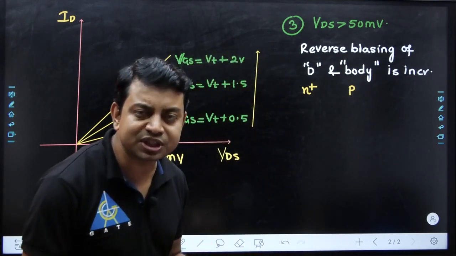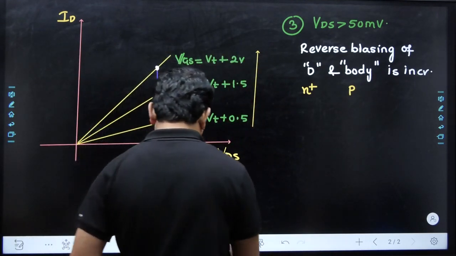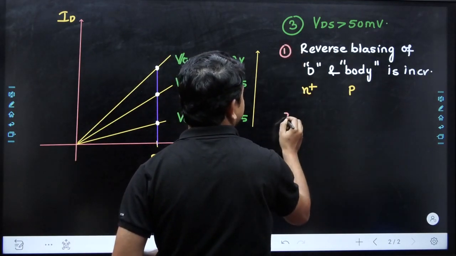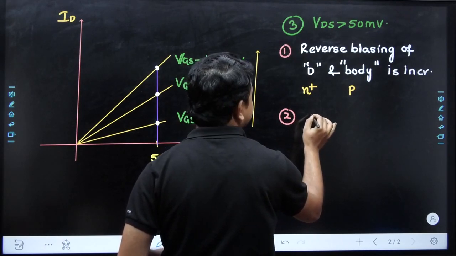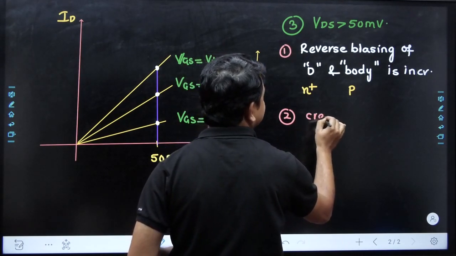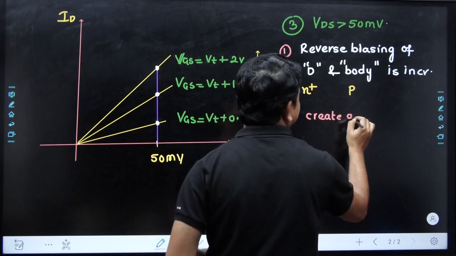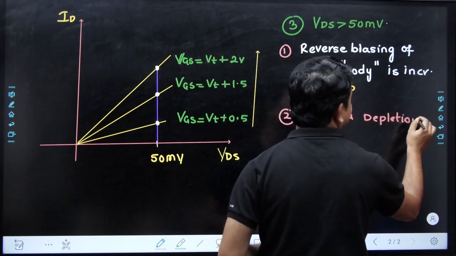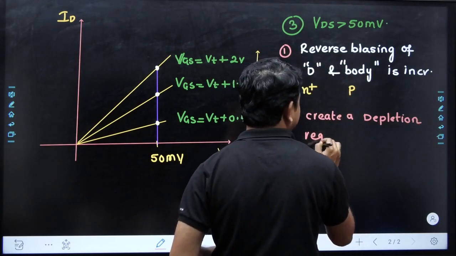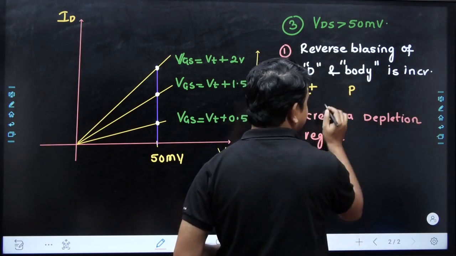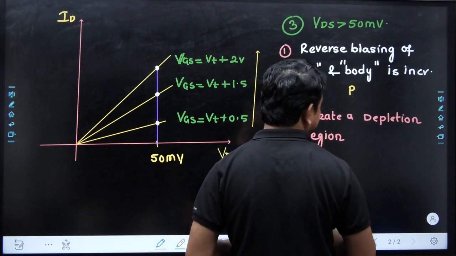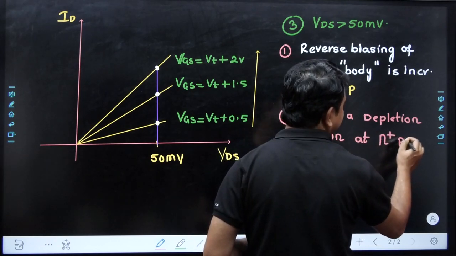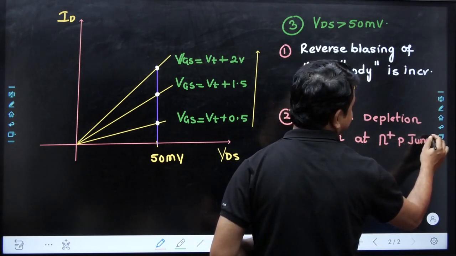If the reverse biasing is increasing, then what will happen? This reverse biasing is the first point. Second point, the reverse biasing will create a depletion region at the junction of this P and N, at the N plus P junction.